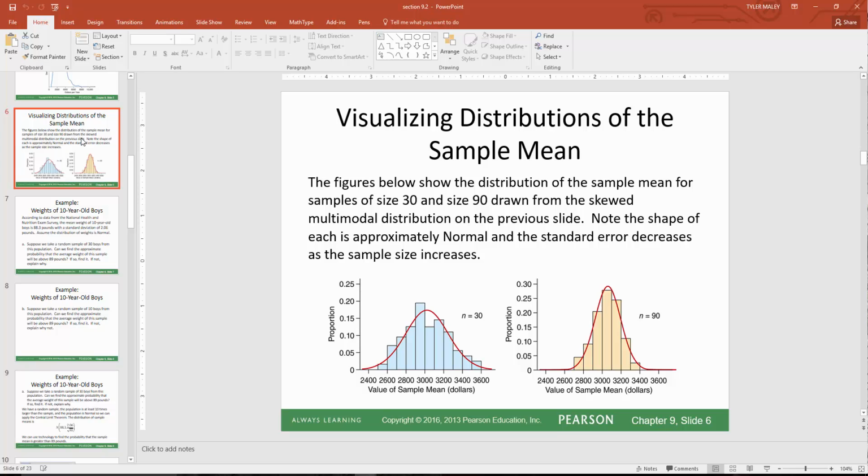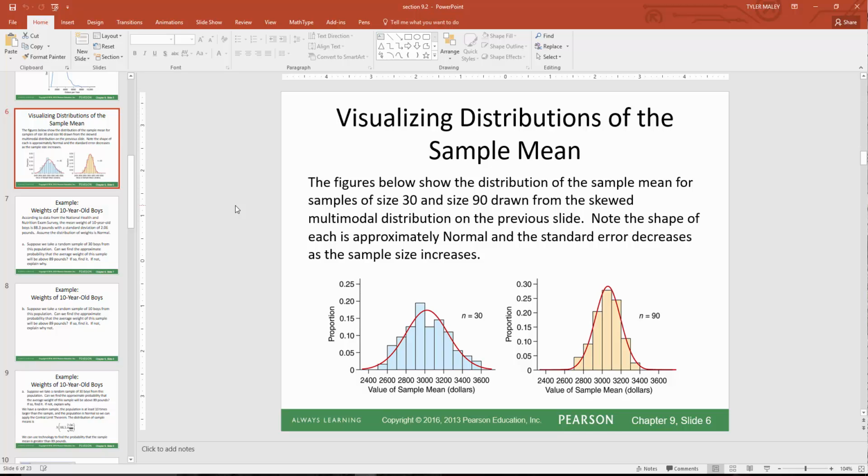Then on slide 6 here, we're told visualizing distributions of the sample mean. So the figures below show the distribution of the sample mean for sample sizes of 30 and 90. These are both drawn from the skewed multimodal distribution on the previous slide. So what we want to note is that the shape of each is approximately normal, and the standard error decreases as the sample size increases.